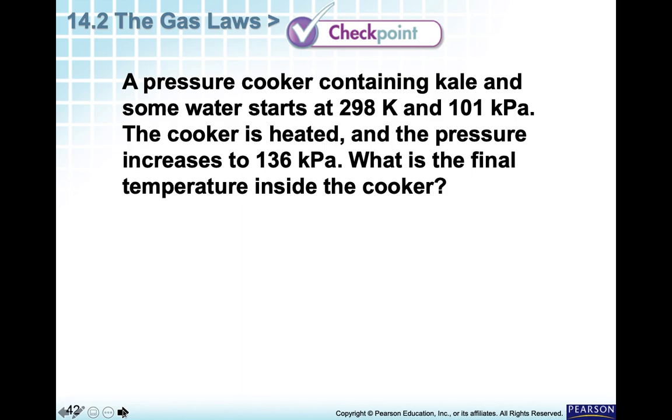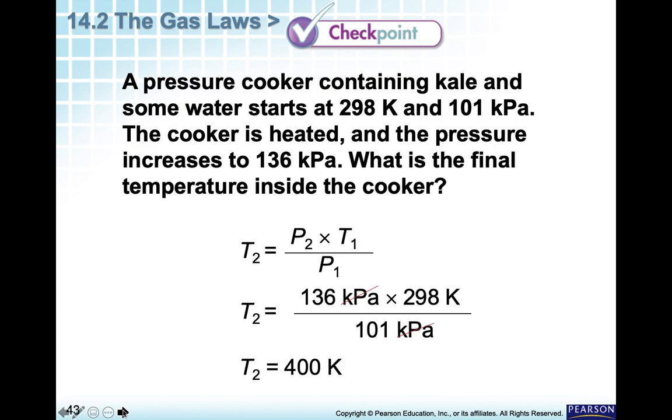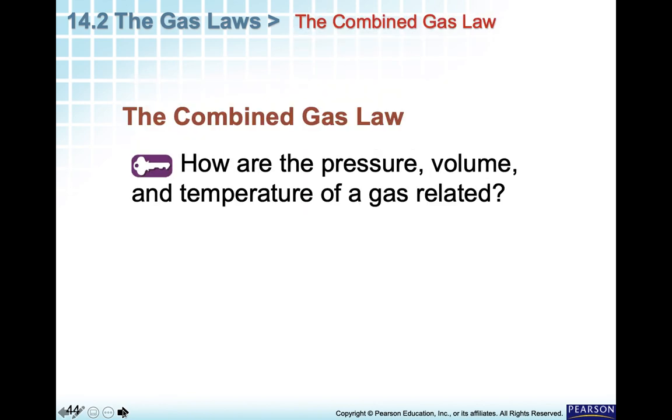We have P1 and P2, and we have T1. And it's already in Kelvin, so we don't have to convert it. And we would get T2 equals P2 T1 over P1. And we get a temperature higher than 298, which sounds about right, and it's actually 400 Kelvin.